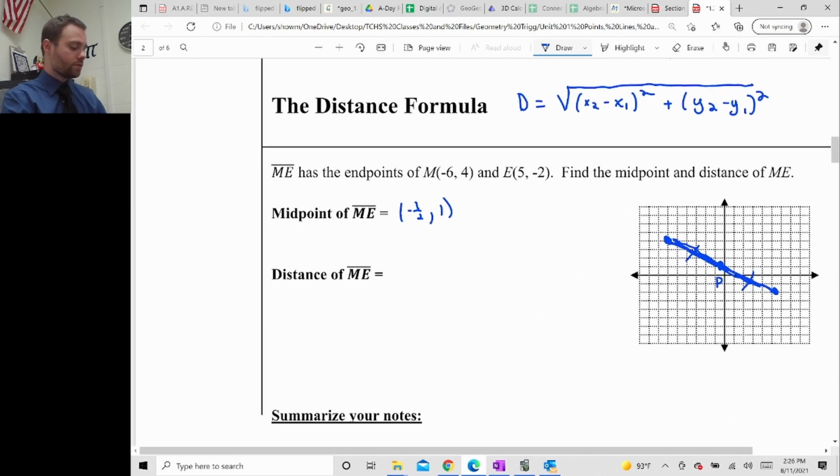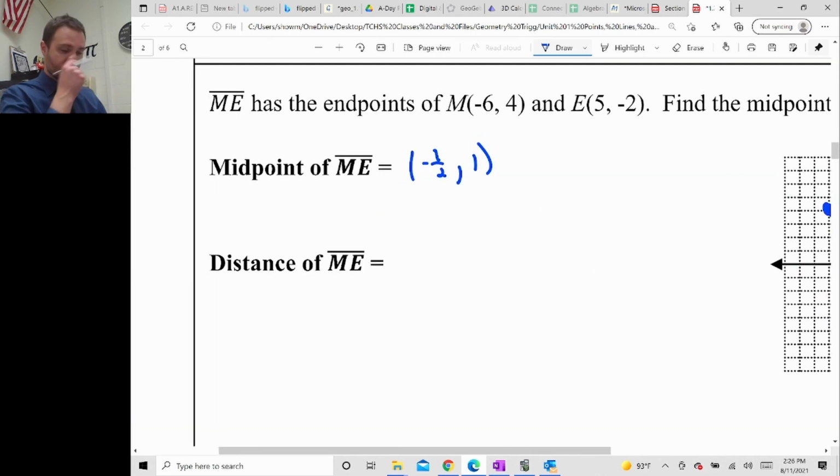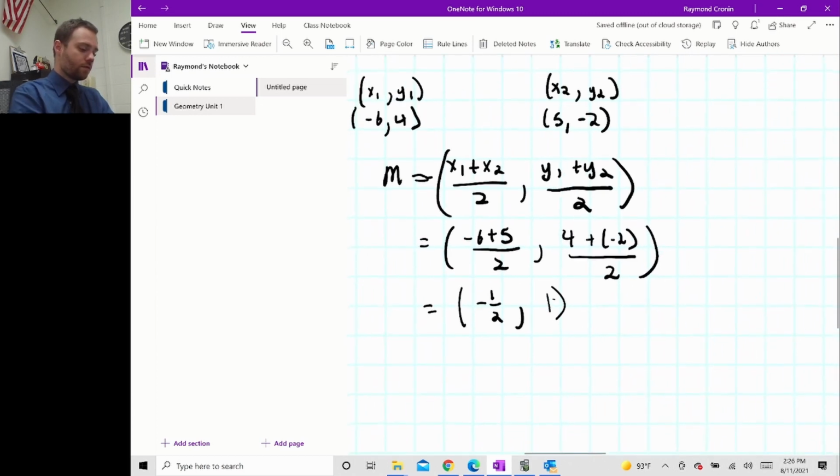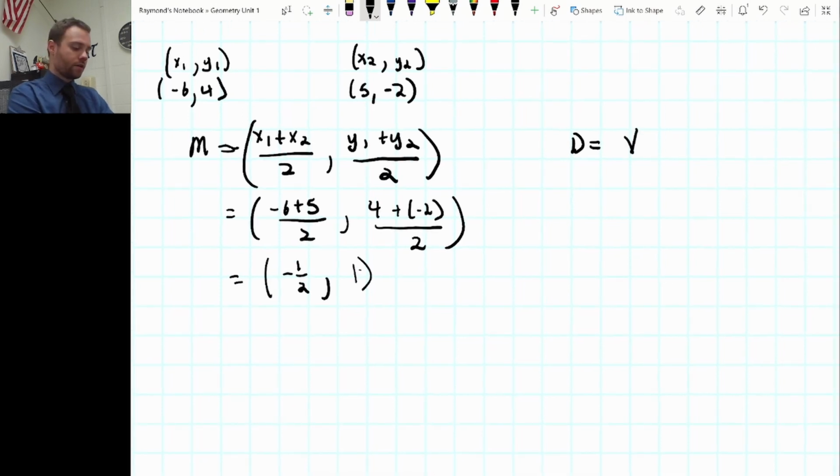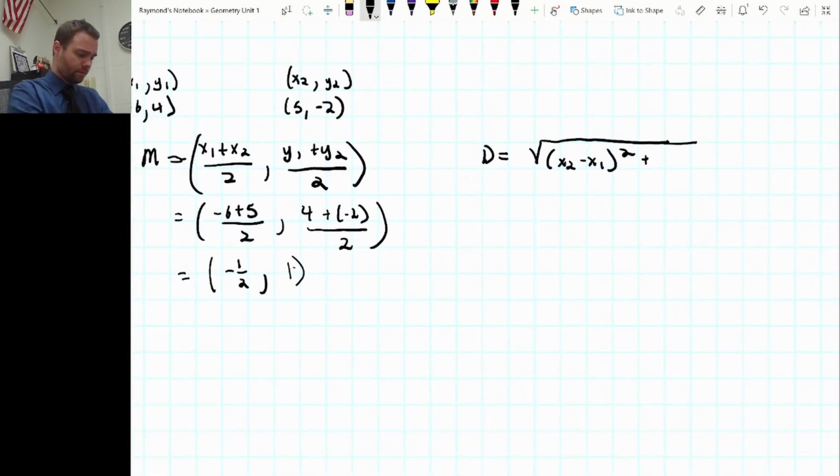And the next thing we want to know is the distance of ME. So we're going to go back to OneNote and do that calculation. The distance formula doesn't change, so it's something you probably need to memorize, or at least have written on a note card somewhere. It's going to be x2 minus x1 squared plus y2 minus y1 squared.